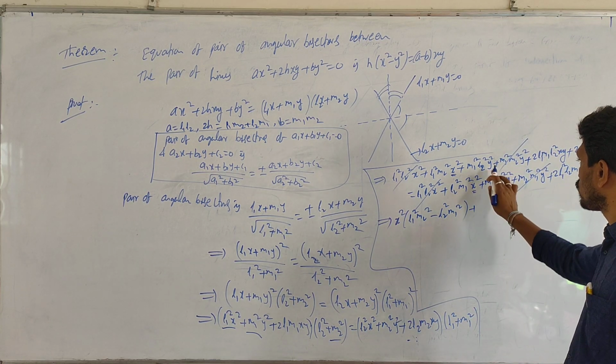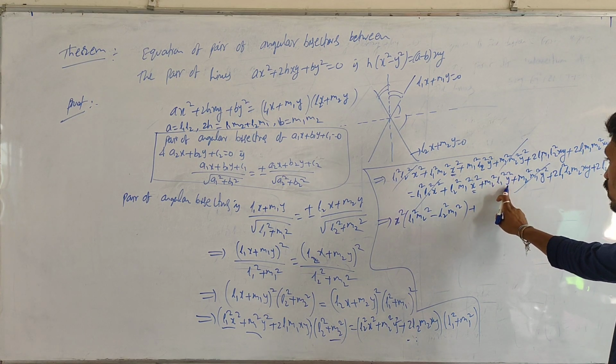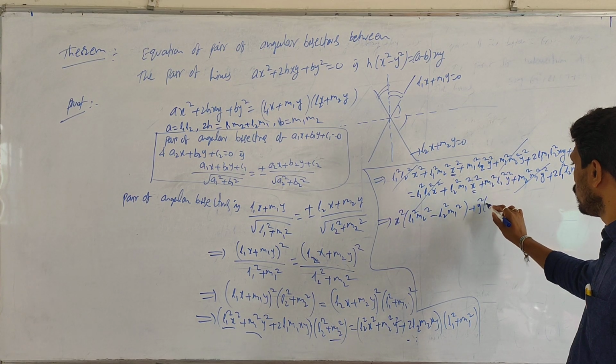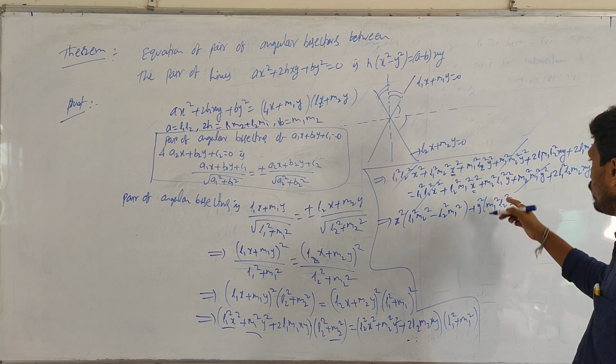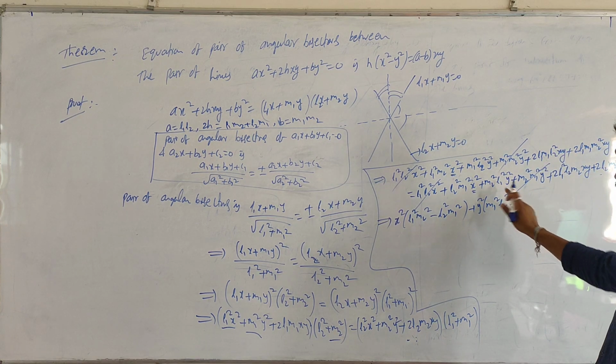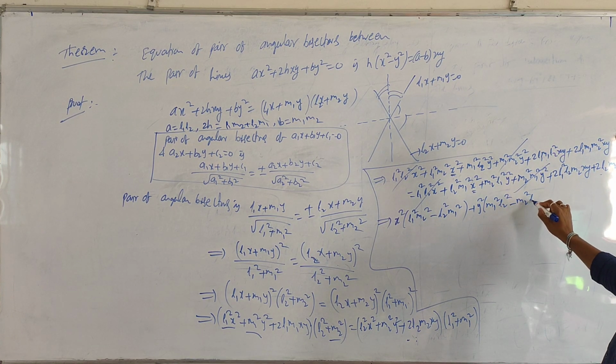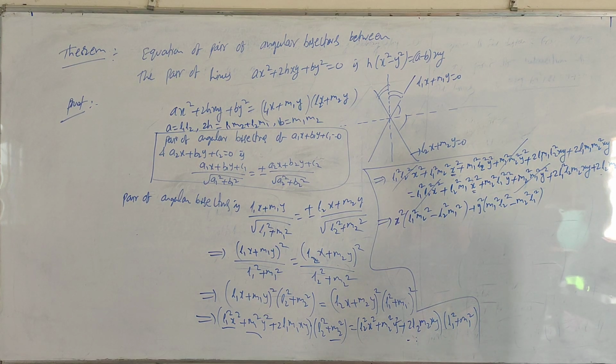Next, y square terms. Here one term, here one term. So y square common: M1 square L2 square minus what is here? M2 square L1 square. Next, xy terms. How many are there here?